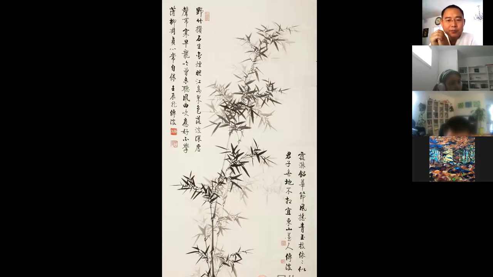You see the bamboo that he drew is very neat, very beautiful, and the calligraphy is also beautiful, and the poems he wrote, and the seals he made. All four elements team up together, and finally we get a beautiful piece of art. By the way, his name is Qigong.